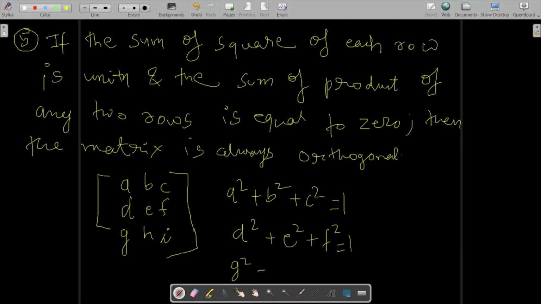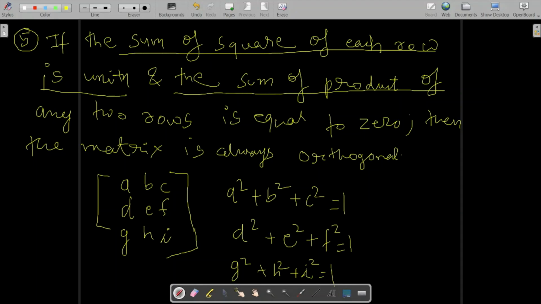G square plus H square plus I square is equal to 1. So the sum of square of each row is unity, and the sum of product of any two rows, pick up any two rows, is 0. Suppose I pick up these two rows, so AD plus BE plus CF is equal to 0.